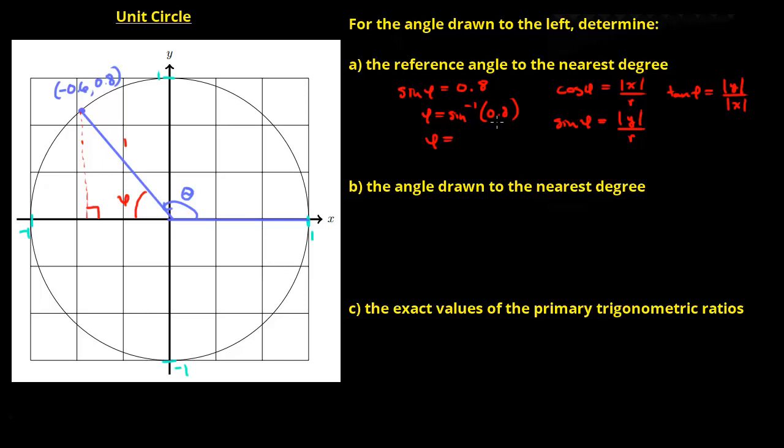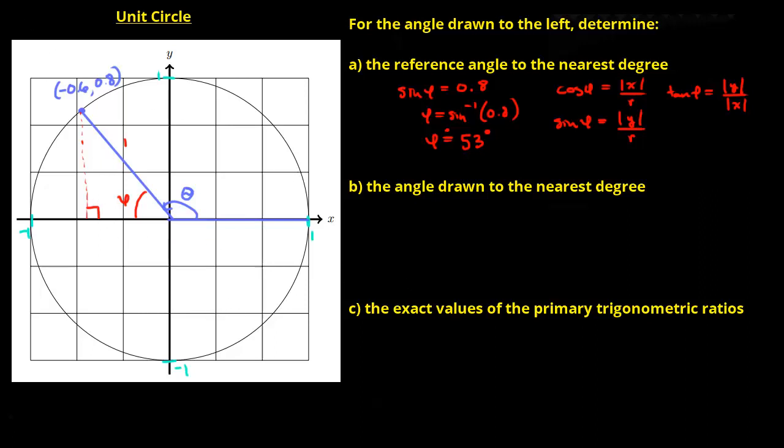You can try this out on your calculator, and I encourage you to do so, so you get comfortable using it, because every calculator is different. The inverse sine of 0.8 is 53.13, which rounds to 53 degrees.